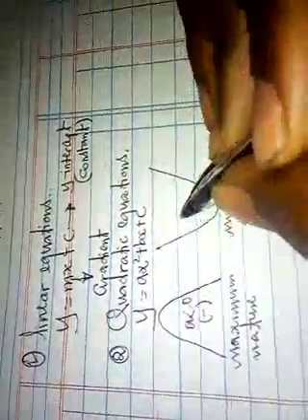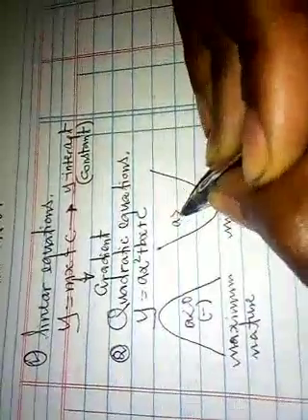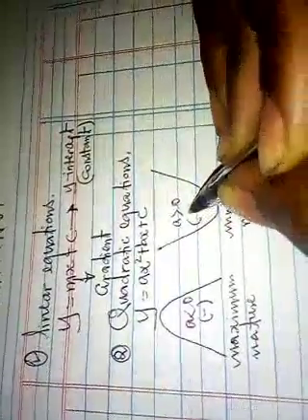But if a is greater than 0, that is, if it is positive, because it is only values greater than 0 that are positive, then your graph is going to have a minimum nature. So we have a maximum nature and a minimum nature. Let us look at some examples and see where we go.